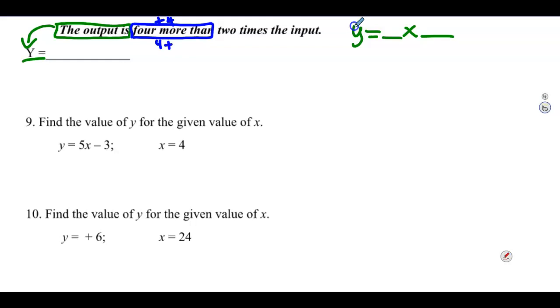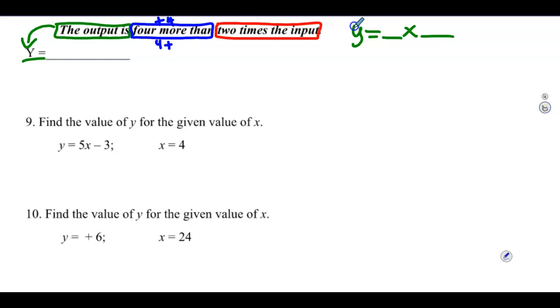And then 2 times the input. Remember, when we see times, that's where you smush the number and the x together. We no longer write like 2 dot x or 2 with the times symbol and x. We write it really close together.